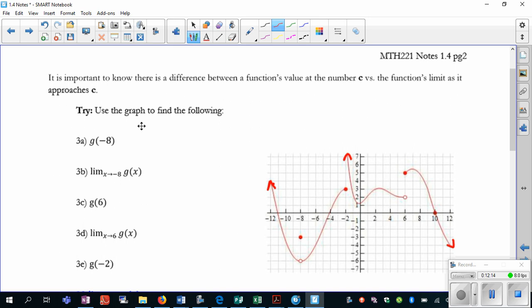If we look at going through these problems, g of -8, so go over to -8. When we talk about evaluating a function, it has to be where there's a filled in point. So that's an important idea. When you evaluate a function, you must use a filled in point.